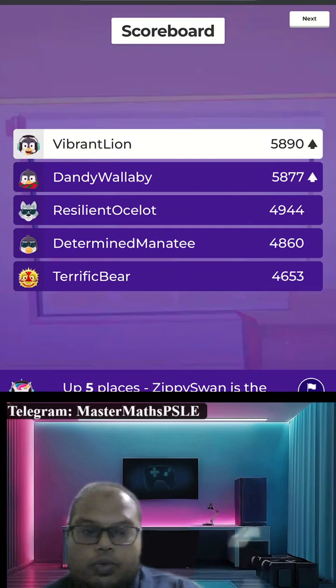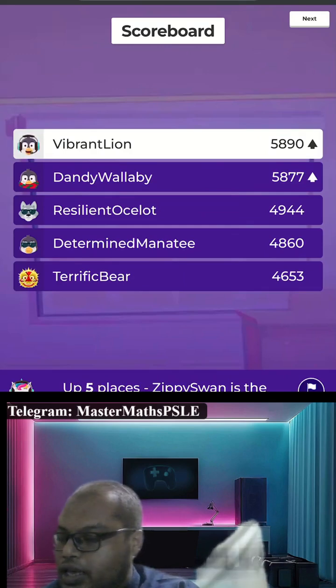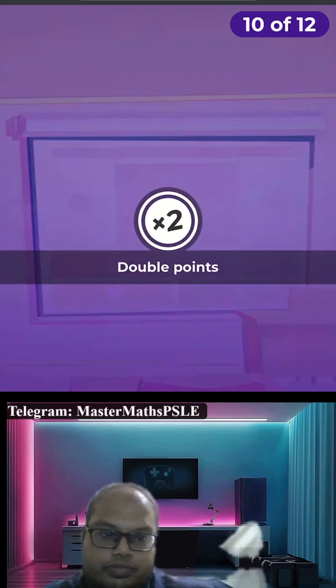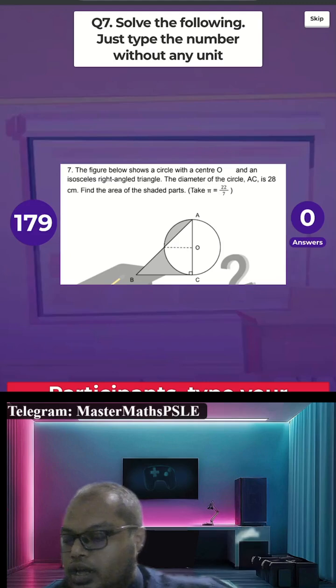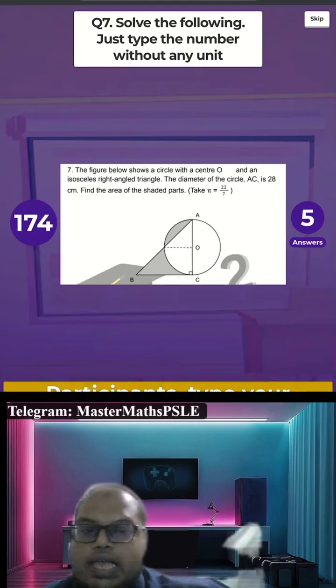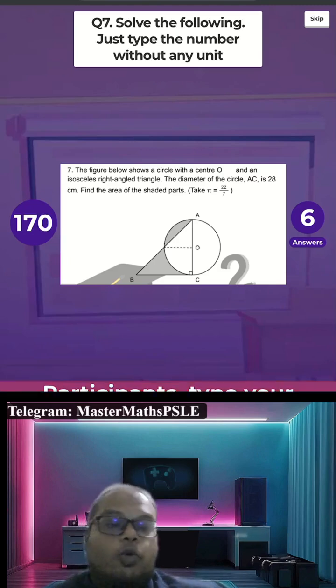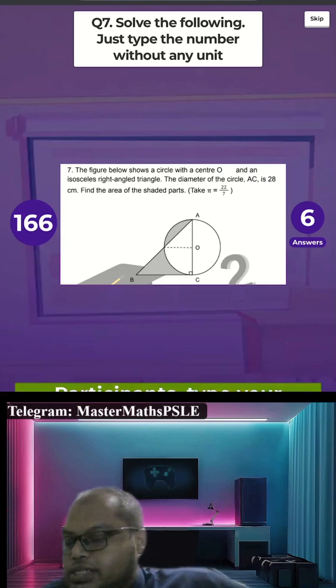Okay, now let's go. Solve the following again. Now we got this triangle that is outside. We got one more question after this. Altogether, there are 8 questions.